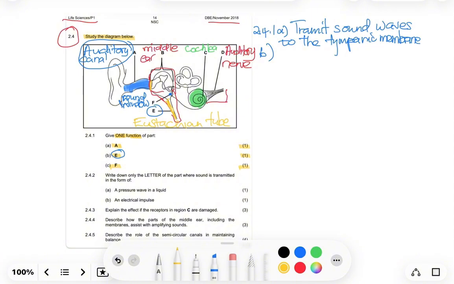All right, so this eustachian tube is equalizing pressure on this side of the tympanic membrane and that side of the tympanic membrane.